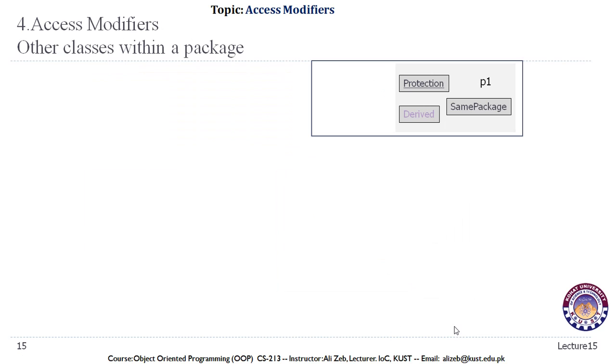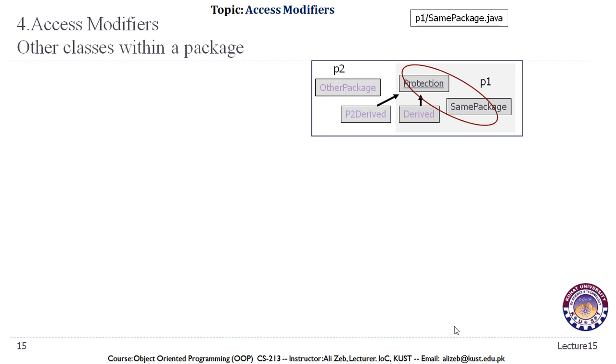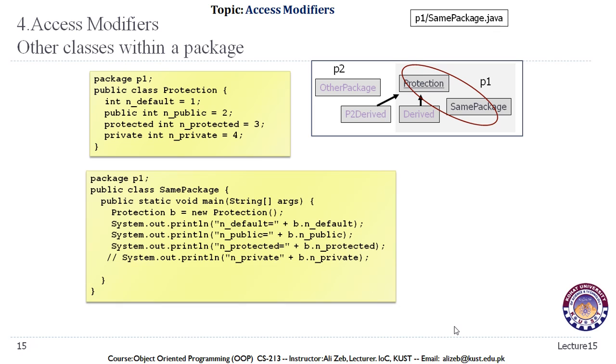Other classes within a package. So we have the package p1 that has a derived class from the protection class, and if we try to access, let's say, the same variables, now the derived class was the subclass of the protection class. The same package class is not a subclass of the protection class, so there is a different kind of relationship.